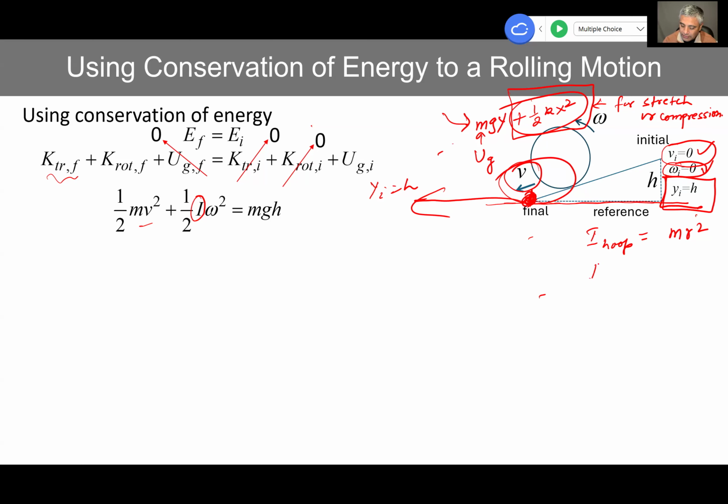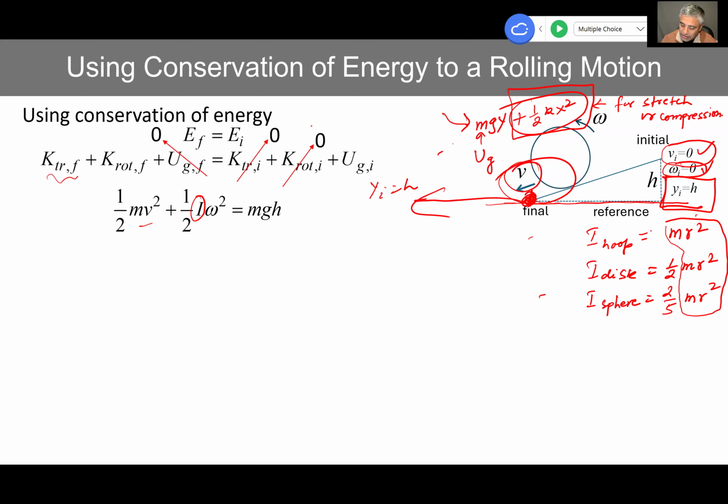I for the hoop is mr squared, I for the disk is half mr squared, and I for the sphere: there are two kinds, solid and hollow. Hollow has 3/5 and solid has 2/5 mr squared. So pay attention, the objects that can roll all have mr squared in their rotational inertia.